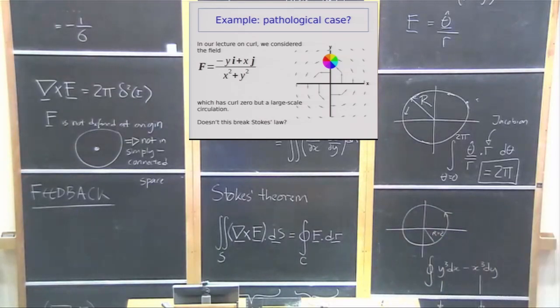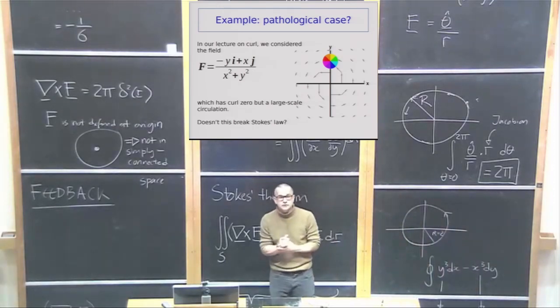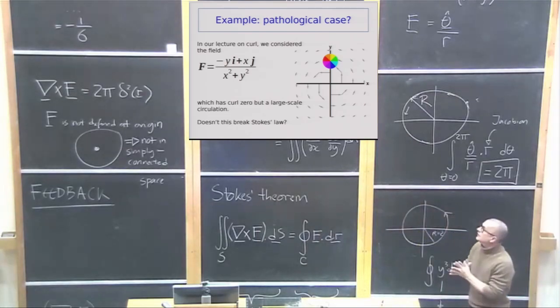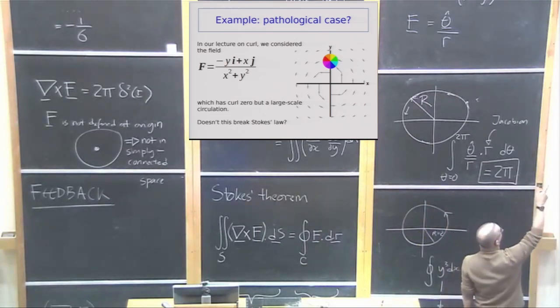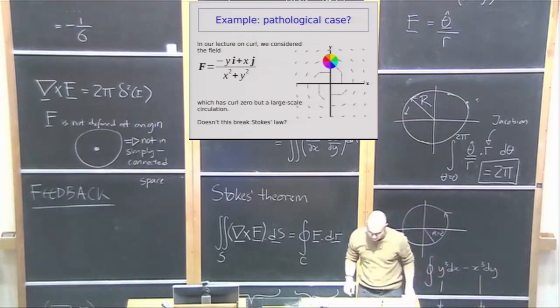It's not as general that you get vector fields like this which appear to break Stokes' law as it is that you get vector fields that fall off as 1 over r squared, which appear to break the divergence theorem. But nevertheless, this is such an interesting case that you'll probably see this again as you go through the rest of your physics degree.